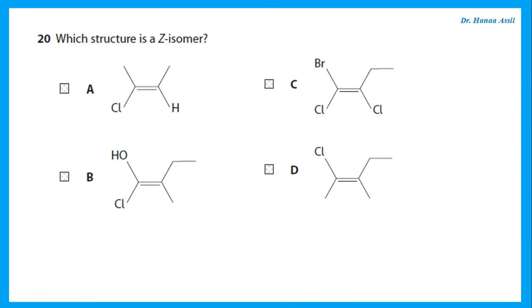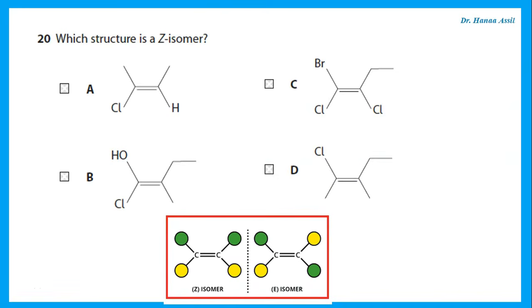Which structure is a Z-isomer? You should remember that when we have a double bond between two carbons that have different groups attached to them, then we have cis-trans isomerism, or a Z and an E. If the two groups that have the higher molecular mass are on the same side of the double bond, that's a Z. If they're on opposite sides of the double bond, that's an E. So which of these is a Z?